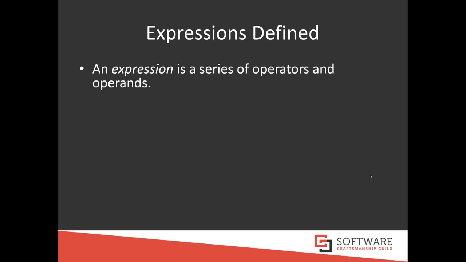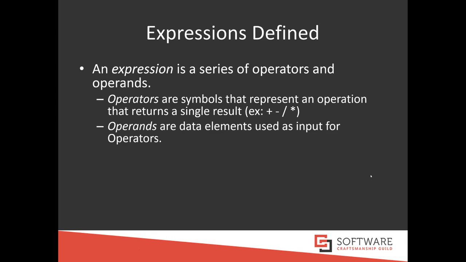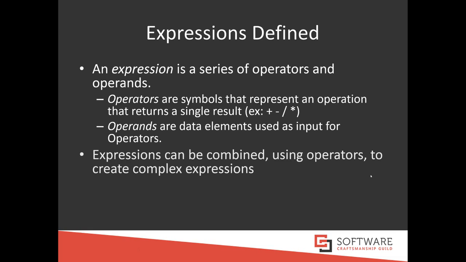An expression is a series of operators and operands. Operators are the symbols that represent an operation. They return a single result. Example of operators: plus, minus, divide, multiply. The operands are the actual data elements that are used as input for operators.